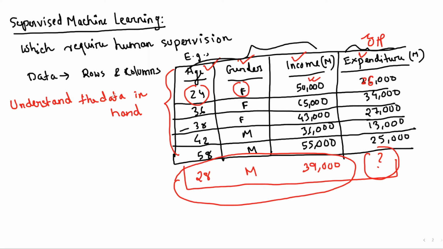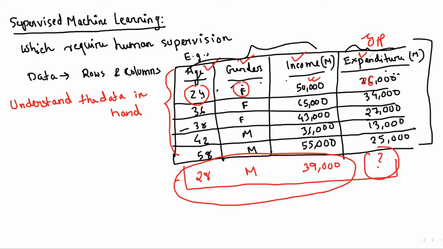Understanding the data, training that data, or finding out the relationship in the data will happen on this past data, and this past data has an output feature present in it. Whatever the input features may be, there will always be an output with respect to those input features. Let me repeat again: whatever may be the input, there will be an output for these input features.